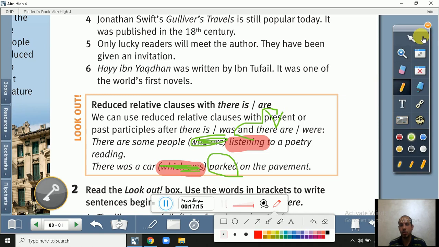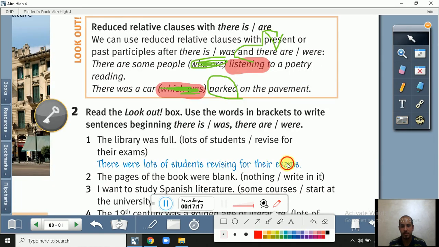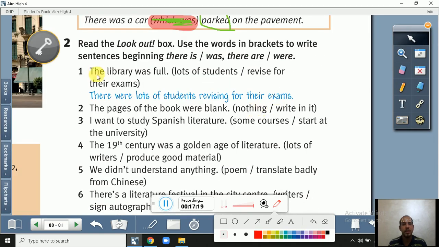Let's try to solve one here. The library was full, so lots of students revised for their exams. Look at this solution.